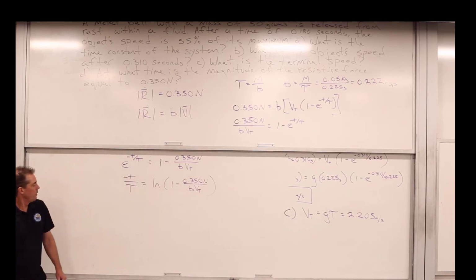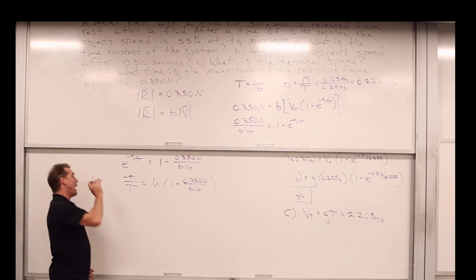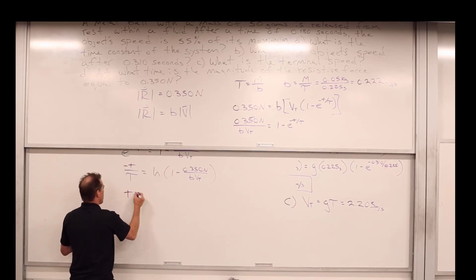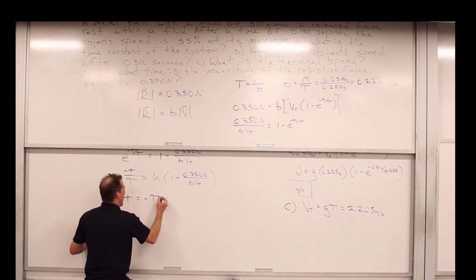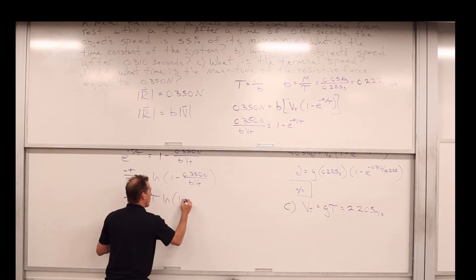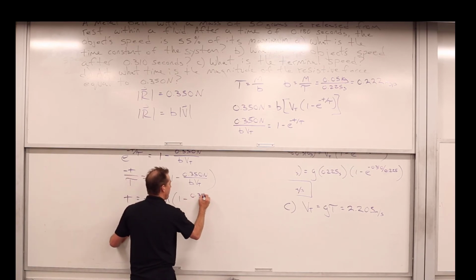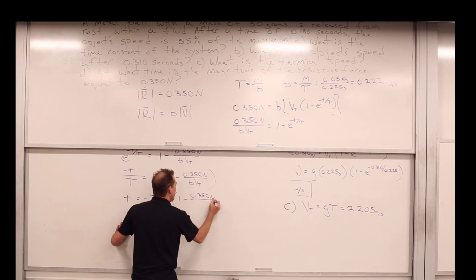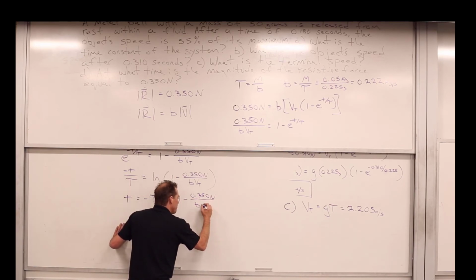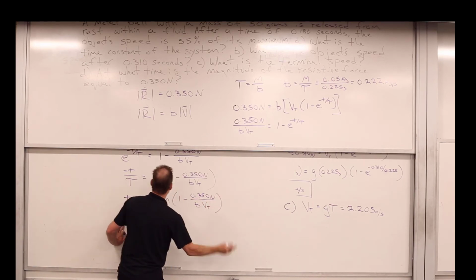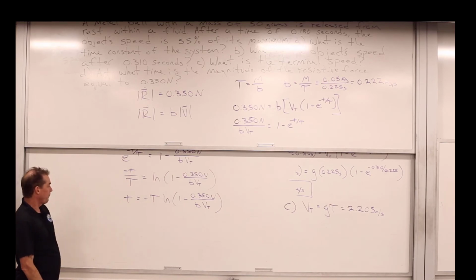And then finally, we can multiply both sides by negative tau and get ourselves that t is equal to negative tau times the ln of the quantity of 1 minus 0.350 newtons divided by b times v sub t. It's a little mouthful there.